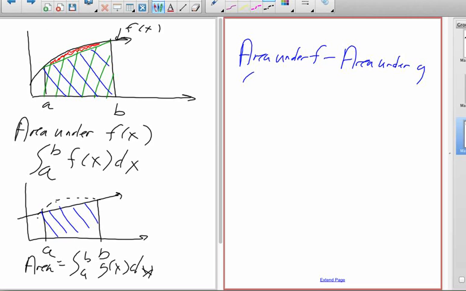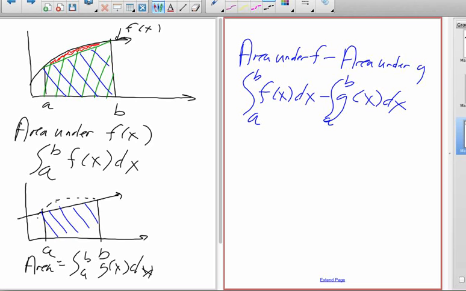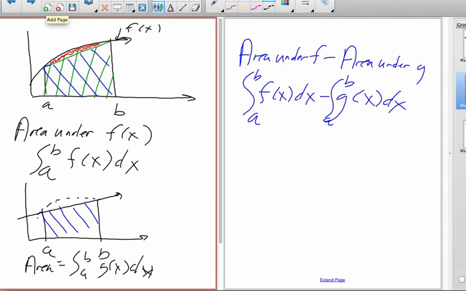Or it's the integral from A to B of f of x dx minus the integral from A to B of g of x dx, these are definite. Or in other words, it's this whole area minus the area that's just under g.